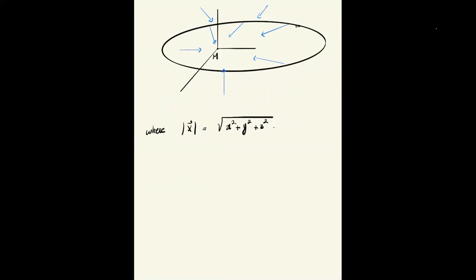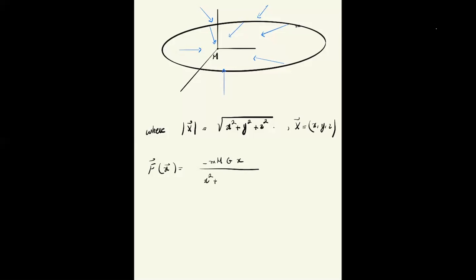So in components, this vector field is given by minus M, capital M, G, X, right? Because what is X? X is x, y, z.